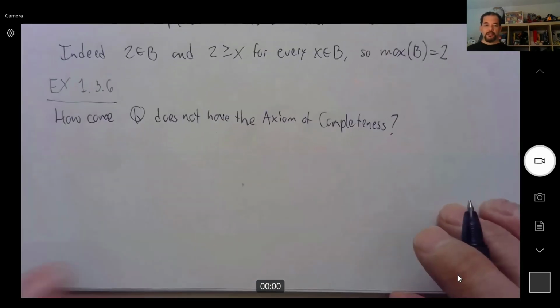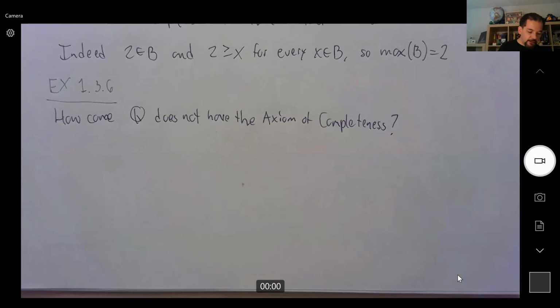Right? How can we check that? It's easy if I show you an example where it fails. I'm going to show you an example where we have a set that is non-empty and upper bounded, but does not have a least upper bound.